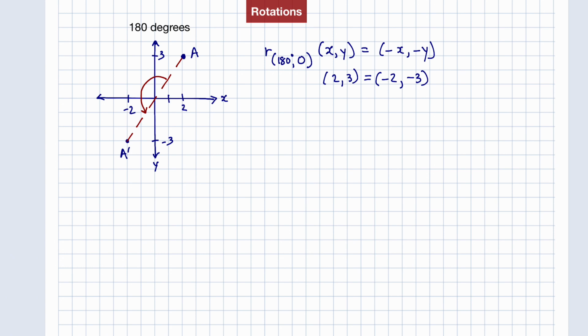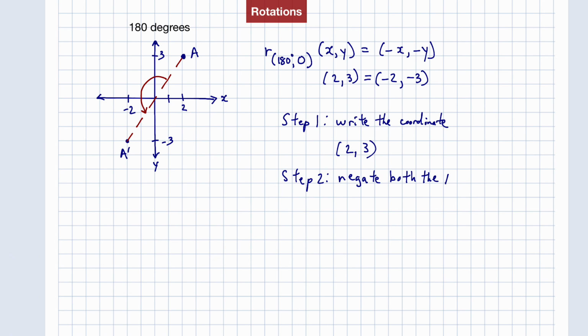Now, the steps for doing this are a little shorter. Step number 1, write the coordinate. In this case, our coordinate is 2, 3. And then step 2, we're going to negate both the x and y.